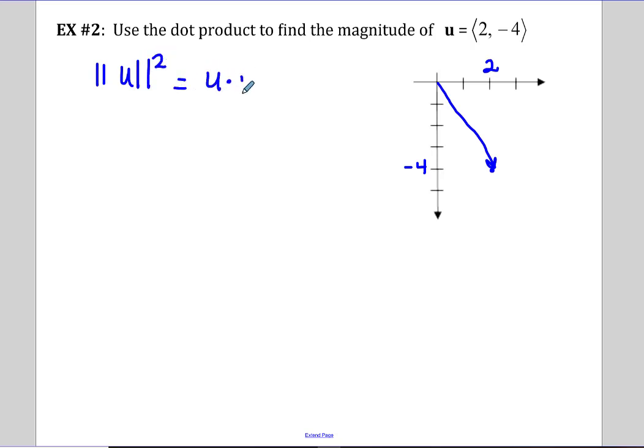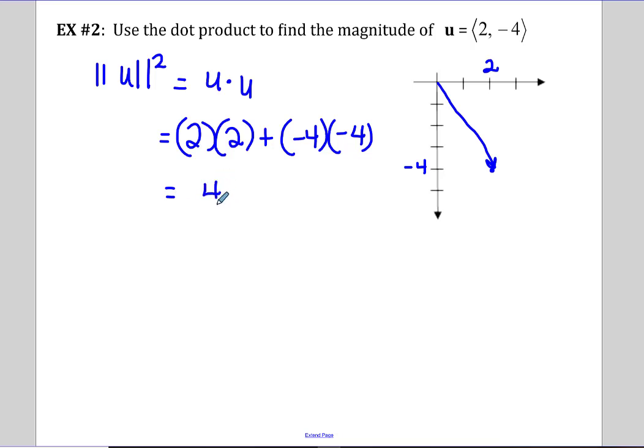So u dot u, and that would be 2 times 2 plus -4 times -4, and that is 4 plus 16.